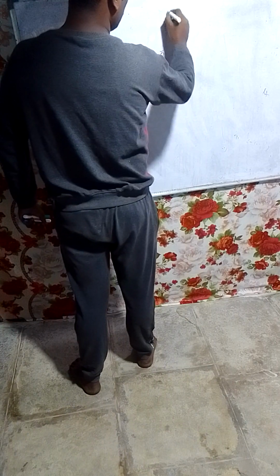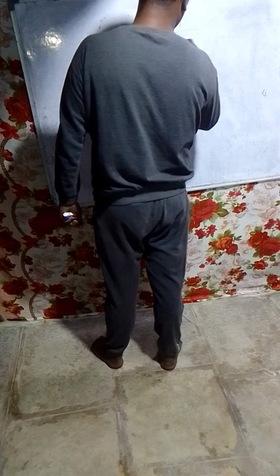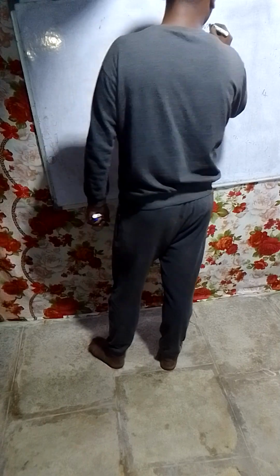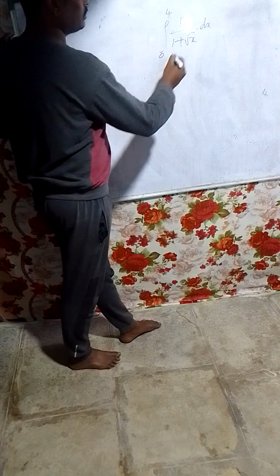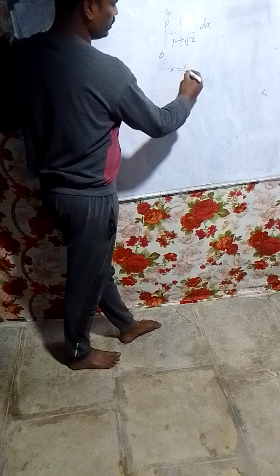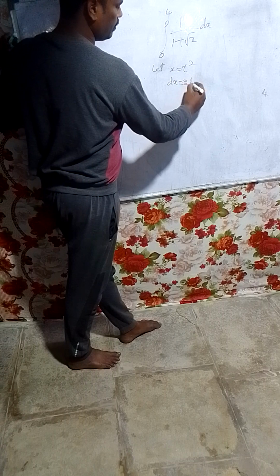See, integration 0 to 4, 1 by 1 plus root x dx. Let x equal to t square, dx equal to 2t dt.